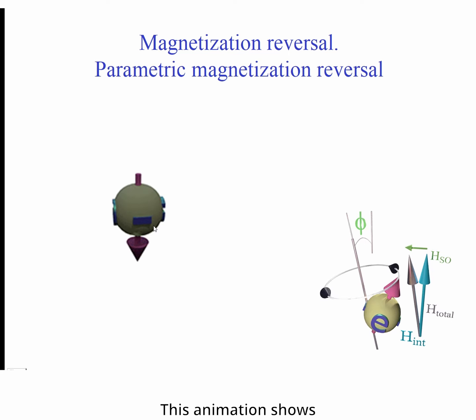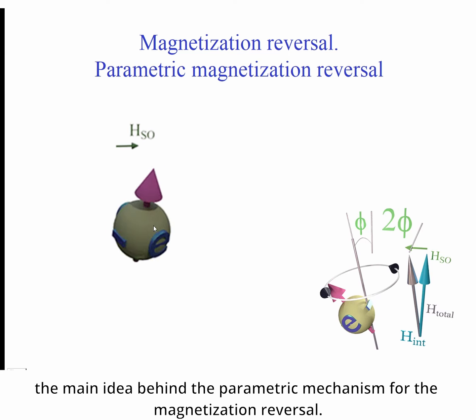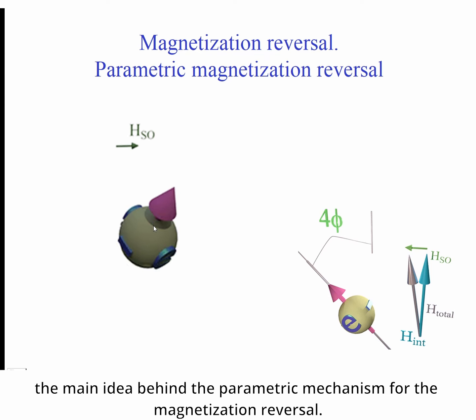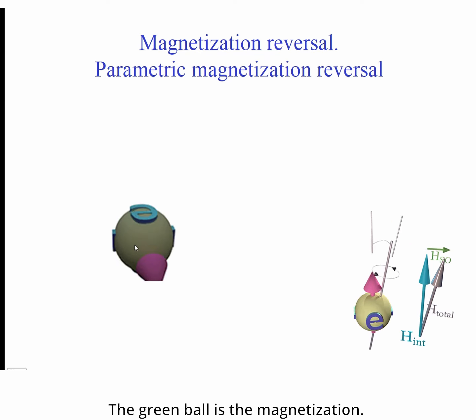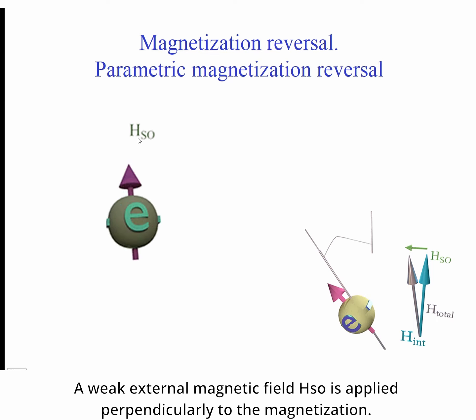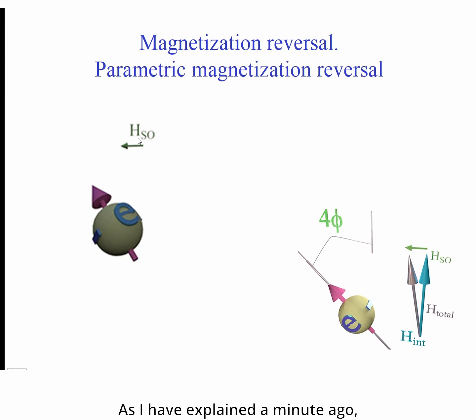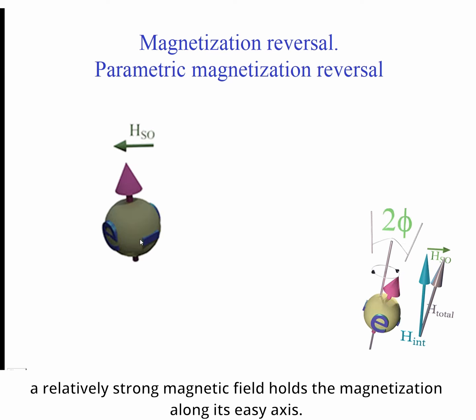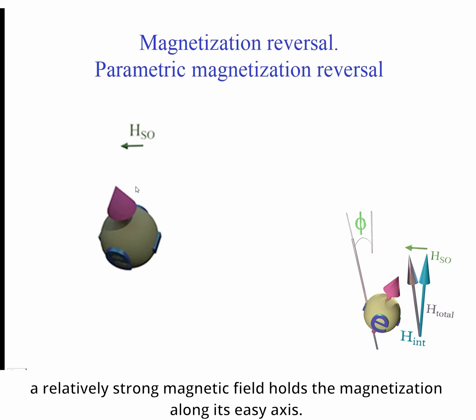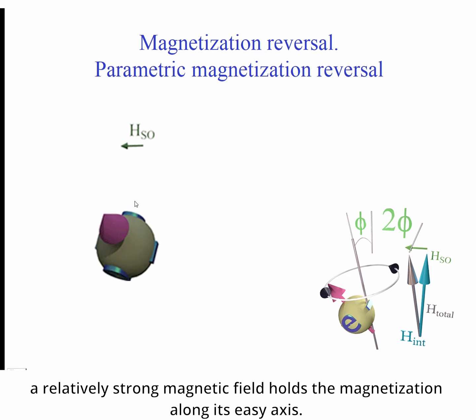This animation shows the main idea behind the parametric mechanism for magnetization reversal. The gray ball is a magnetization. A weak external magnetic field, Ha, is applied perpendicular to the magnetization. As I have explained a minute ago, a relatively strong magnetic field holds the magnetization along its axis.